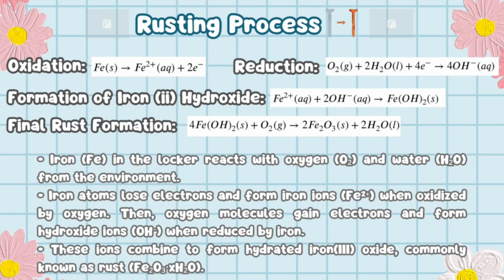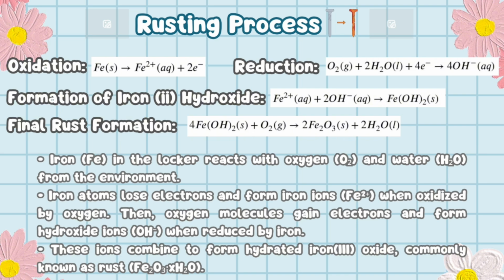So I want to explain more about the rusting process. The iron in the lock reacts with oxygen and water from the environment. Iron atoms lose electrons and form ions when oxidized by oxygen. Then oxygen molecules gain electrons and form hydroxide ions when reduced by iron.